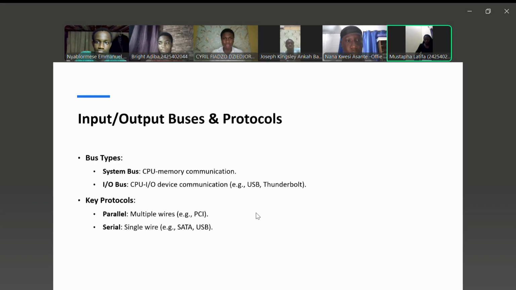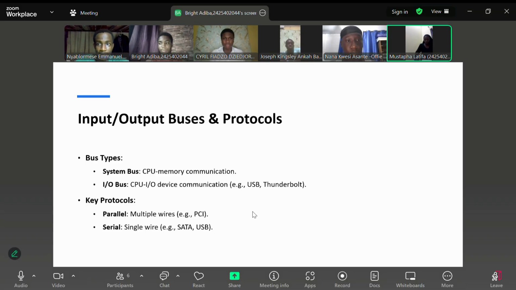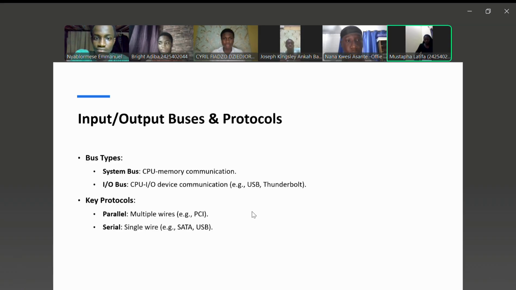For bus types, we have the system bus, which is the CPU memory communication, and also the input output bus, an example of which is USB and Thunderbolt. For the protocols, we have parallel, which is multiple wires, for example PCI. And also we have the serial protocol, which is a single wire, and its example is USB.